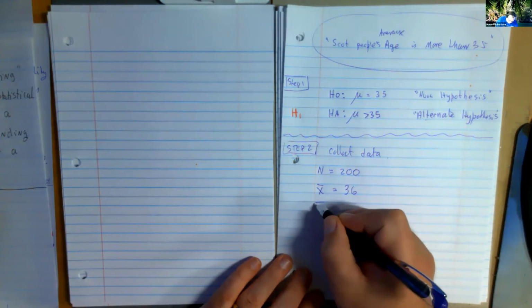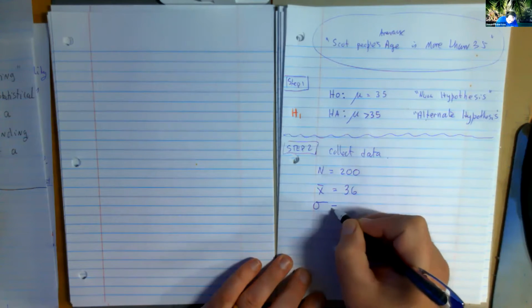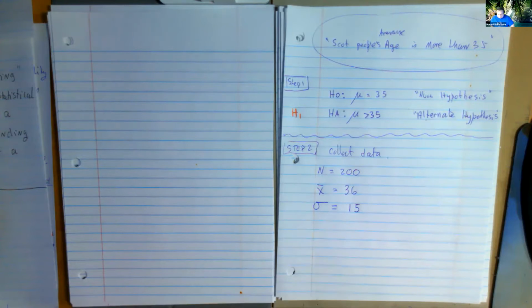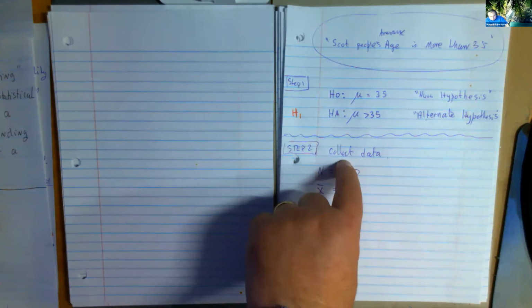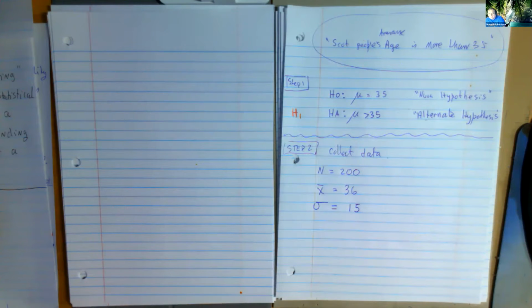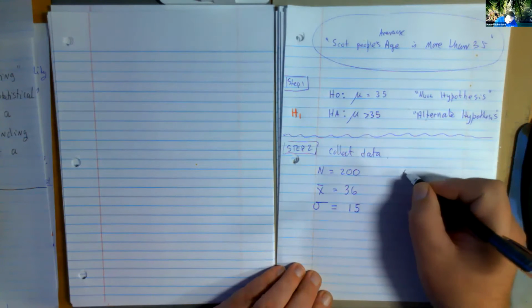Now, in these questions, the ones we're going to do, we're going to assume that we know the standard deviation, that it's 15. Right. So you collect a sample of 200, the average is 36, and you know the standard deviation of the population is 15. Okay. And then there's a guy that you pick.